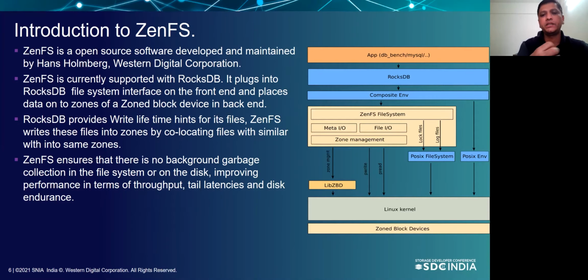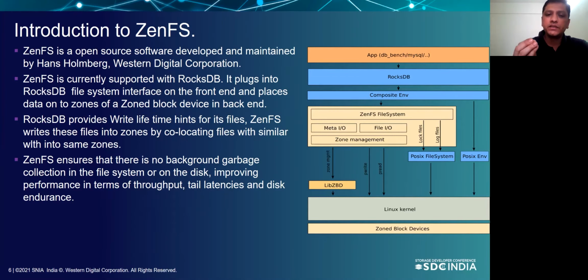RocksDB provides something called write lifetime hints for the files that it sends down to the storage. What this means is it basically indicates the temperature of the file, if that's easier to understand: hot files or cold data.